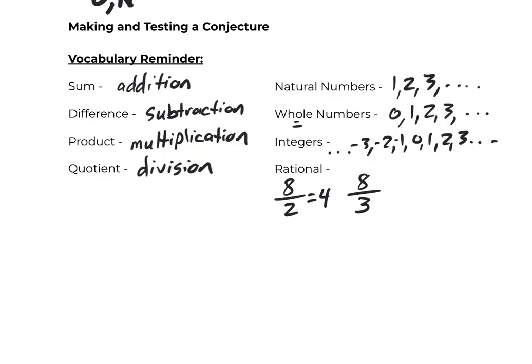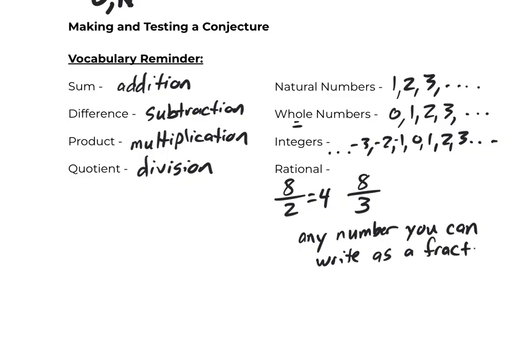Okay. So a rational number is any number you can write as a fraction. 4 doesn't typically get written as a fraction, right?